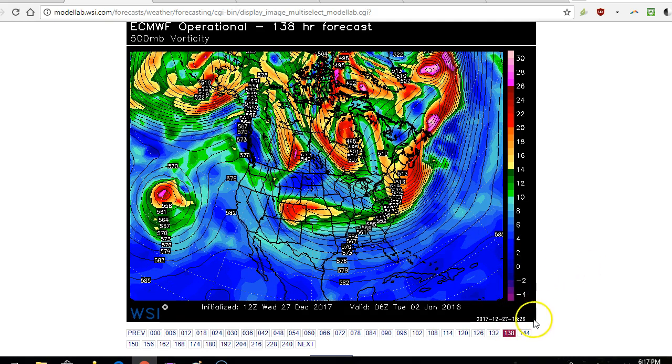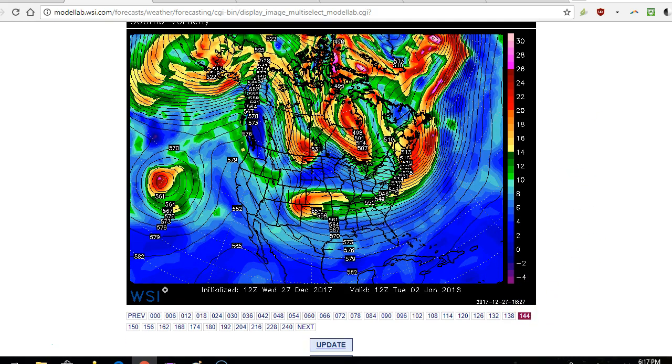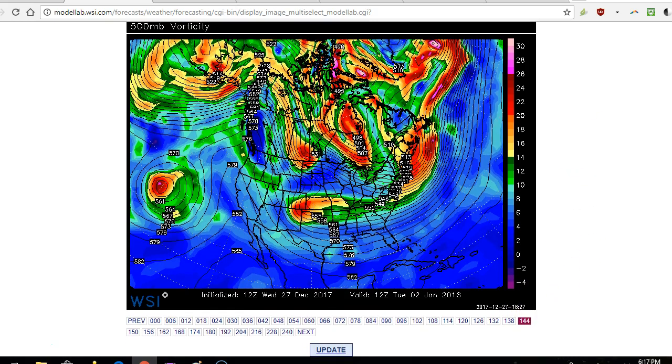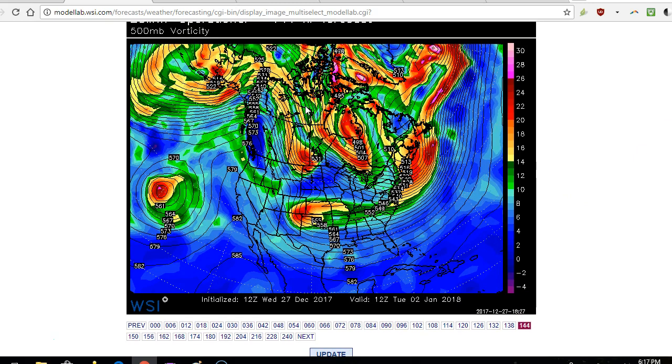What happens on the European model is that these two pieces of energy would eventually phase together and form a coastal snowstorm. And when that's combined with plenty of cold air situated in the northeast thanks to the departing elongated tropospheric polar vortex pieces, the ingredients in the macro sense are certainly there for a snowstorm in that period.